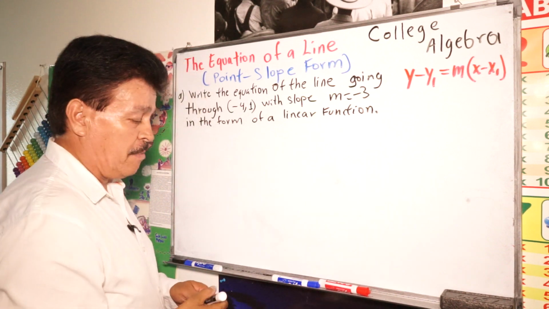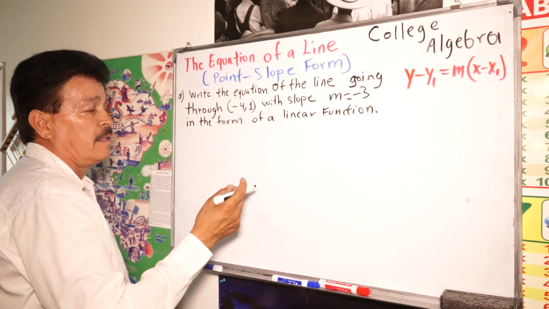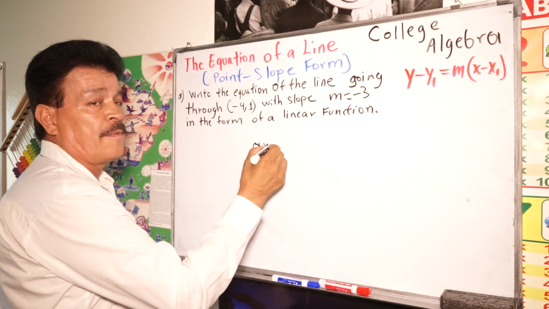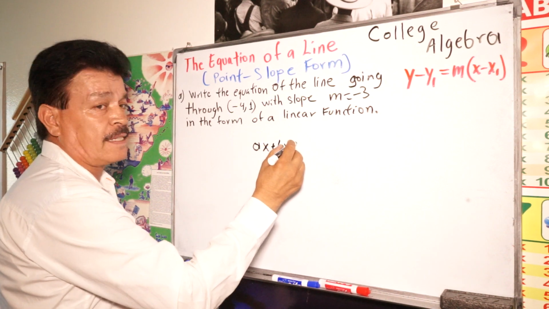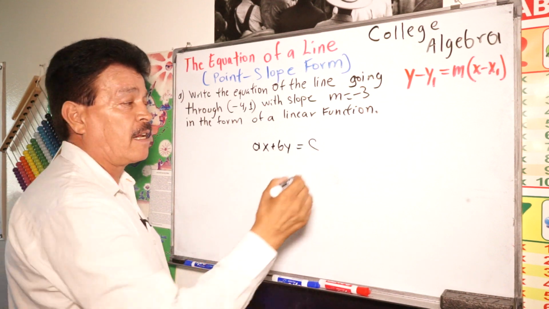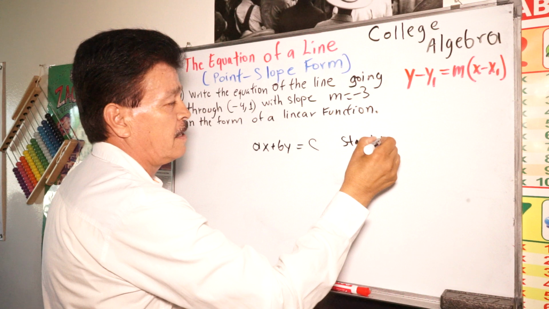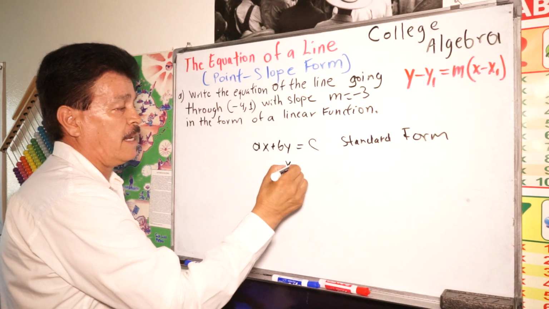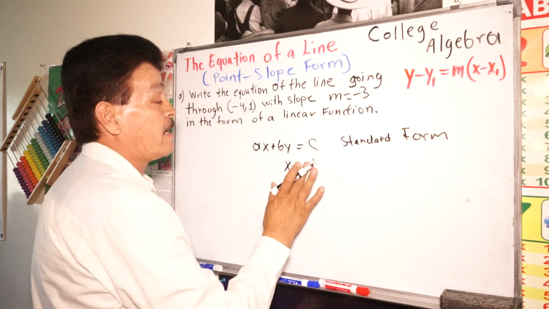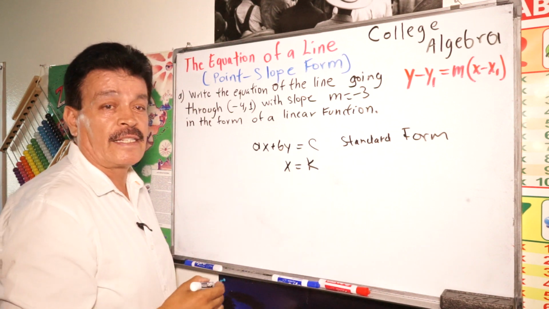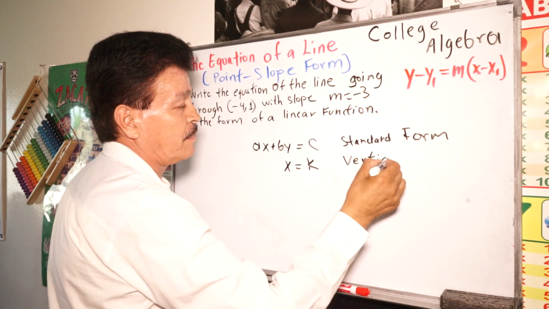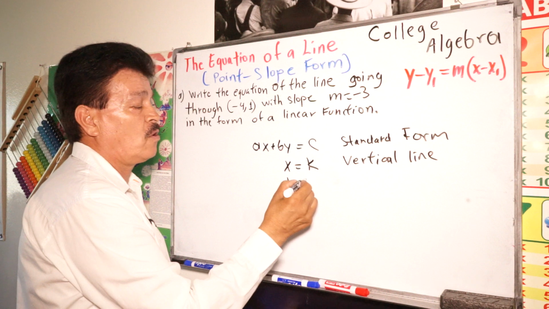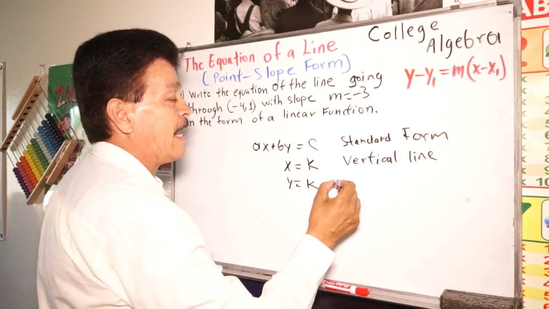Let me remember some concepts. We have ax plus by equals c, which is a standard form. Just to remind you, x equals k is a vertical line. Then y equals k is a horizontal line.